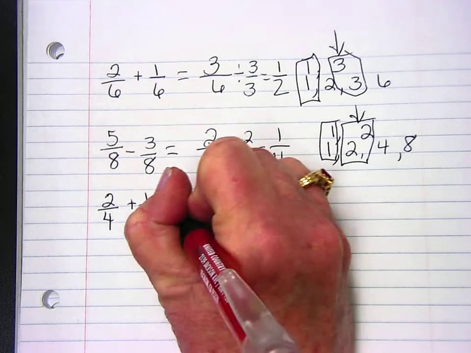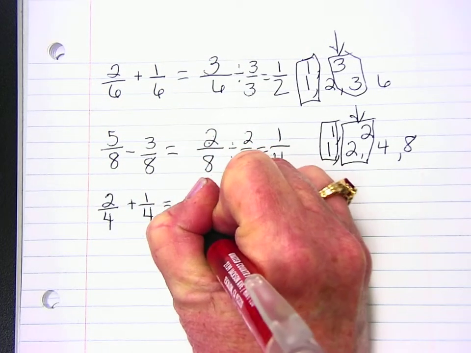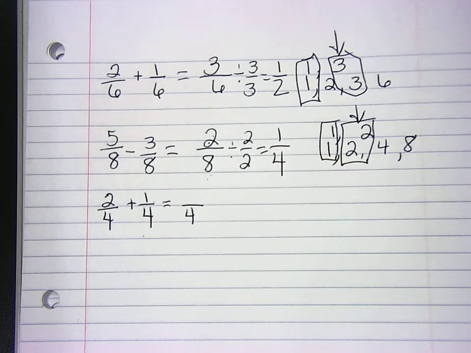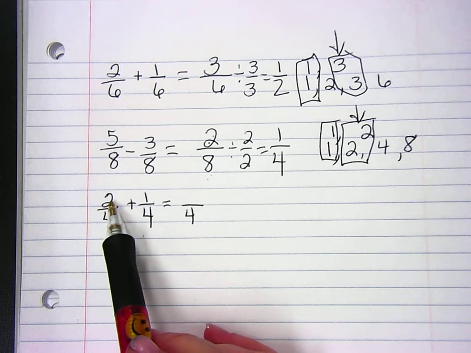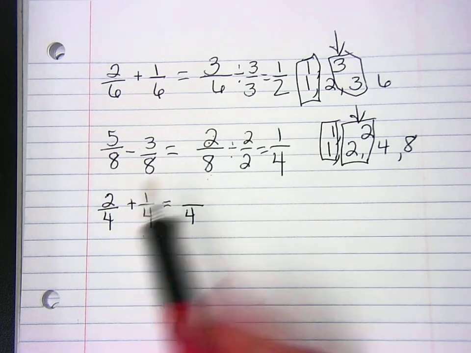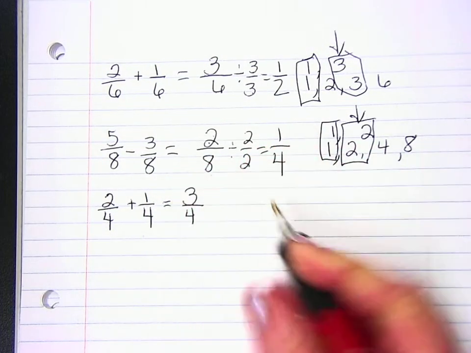So right away, I immediately put over my denominator because I never add denominators. And then I add my numerator. 2 plus 1 is 3.